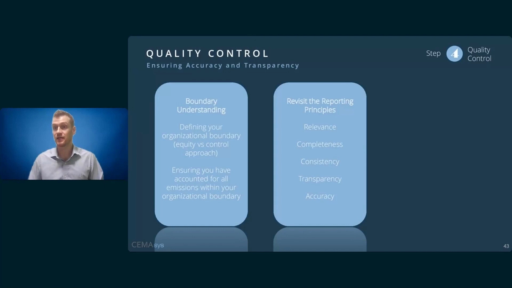Next is consistency, meaning that your methodology between both emission sources as well as between reporting years should stay consistent to the extent possible. Transparency is a big one. Being transparent about available data, any limitations or assumptions you've made is a huge part of carbon accounting, especially when starting out. And finally, accuracy, meaning that all emissions calculations are as true to reality as possible given the available resources.